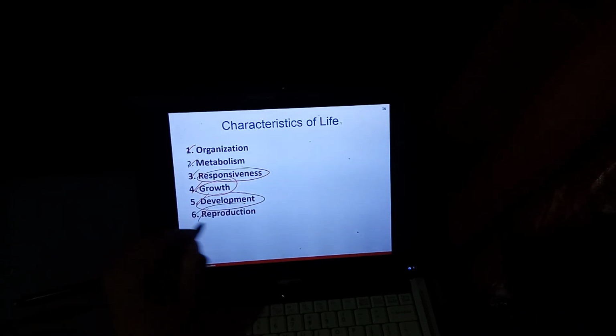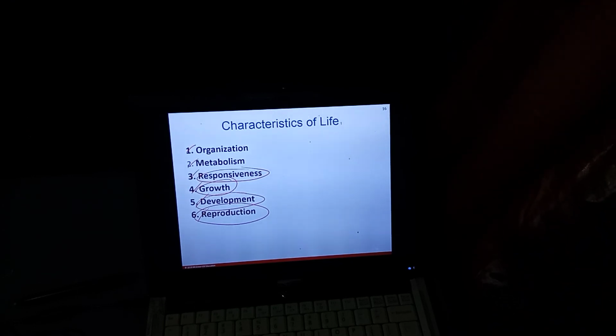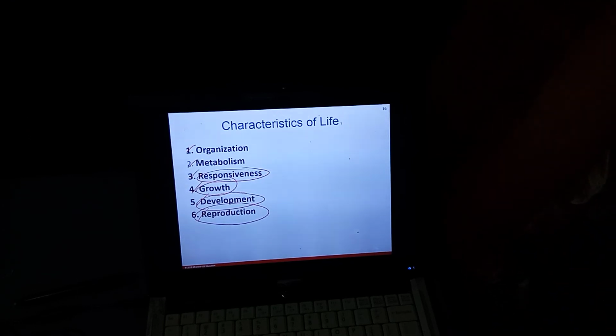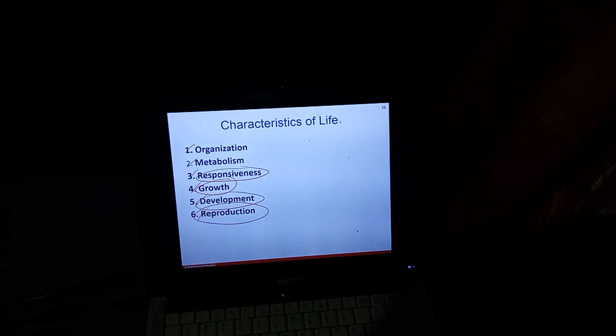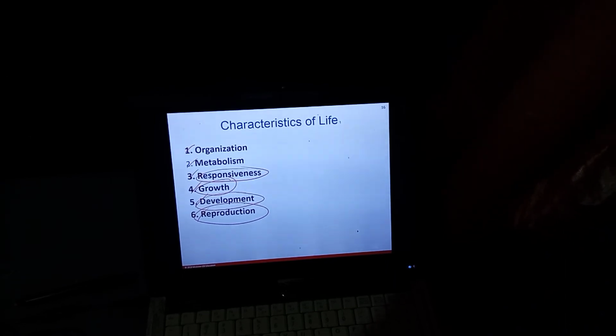And the last characteristic of life is reproduction. That's the formation of new cells, generation of new individuals, and it also includes tissue repair. Okay, so those are the characteristics of life.